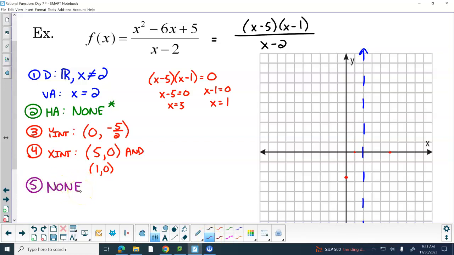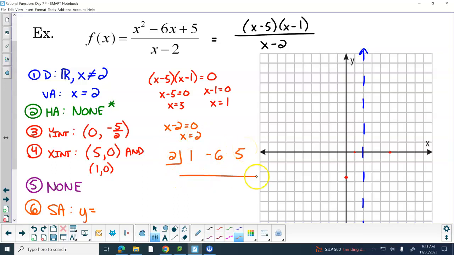Step 6, gotta do the division to get my slant asymptote. So I'm going to say x minus 2 equals 0, so x equals 2. I plug 2 into 1, negative 6, and 5. That gives me 1, multiply, add, multiply, add.